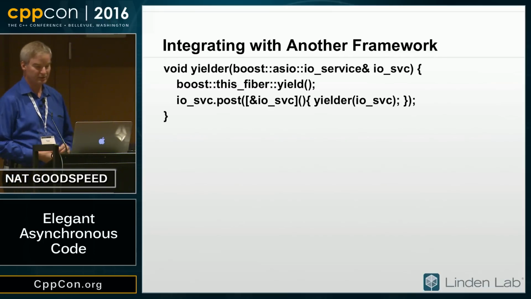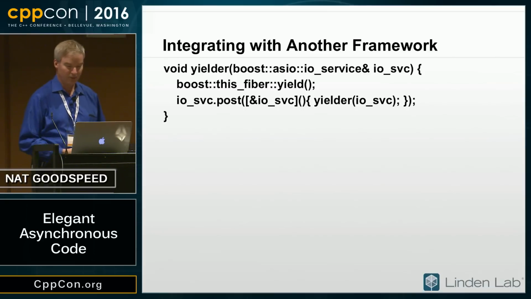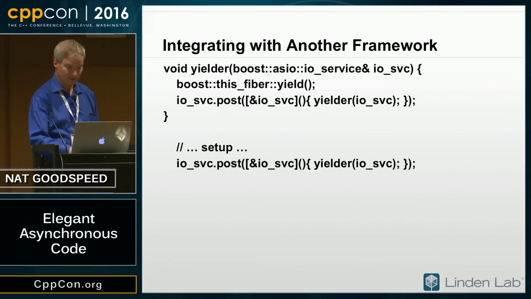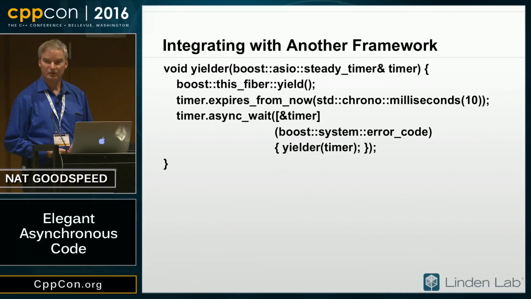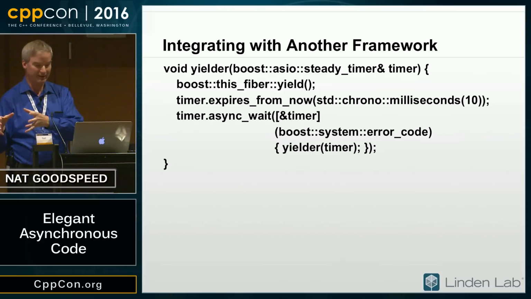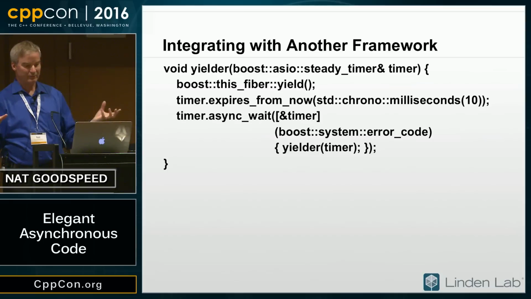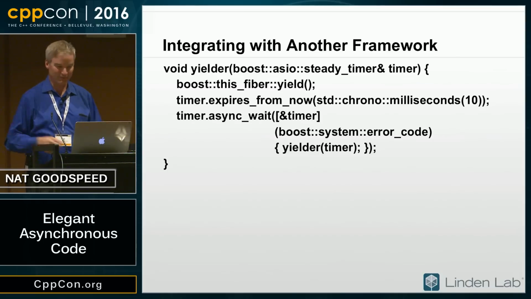One approach is to intercept control with a callback each time around the embedded main loop. With ASIO, you can effect that by continually reposting a handler that calls this fiber yield. Of course, you have to get the ball rolling initially. A potential problem with that approach is that when all the fibers are blocked on pending I/O, so the I/O service has no ready handlers, ASIO and fiber could just spin the thread's CPU, passing control back and forth to each other.